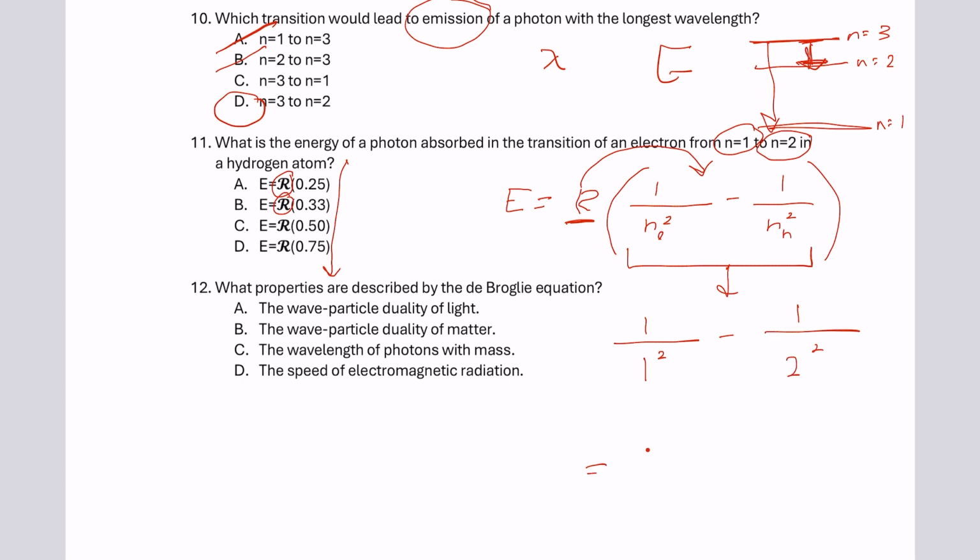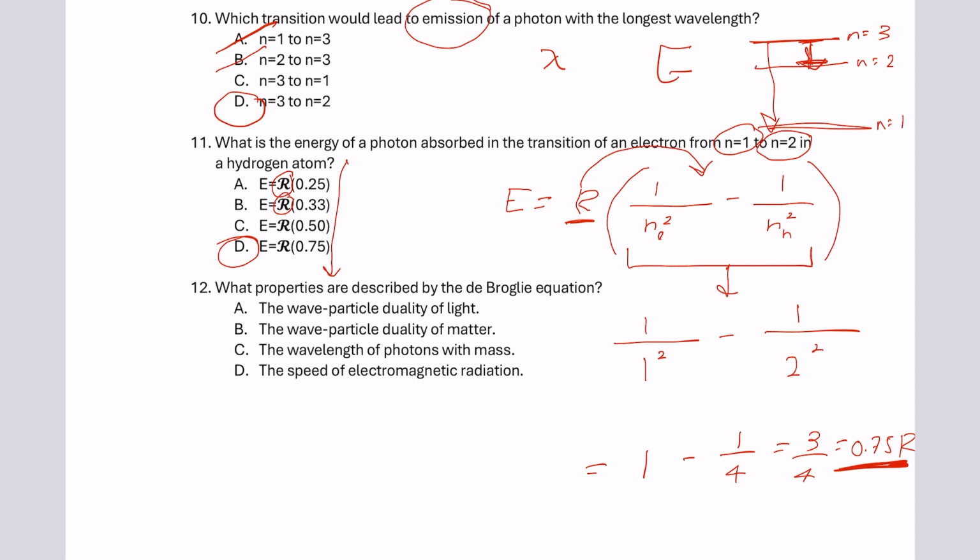This is equal to 1 minus 1 over 4, and that is equal to 3/4 or 0.75. And let's not forget R. So what is the energy of a photon absorbed in the transition of an electron from n equals 1 to n equals 2? In a hydrogen atom, that's going to be equal to 0.75 R, or answer choice D.